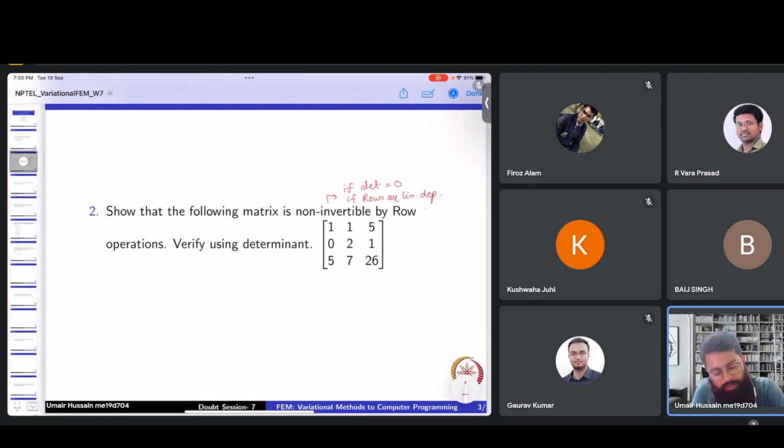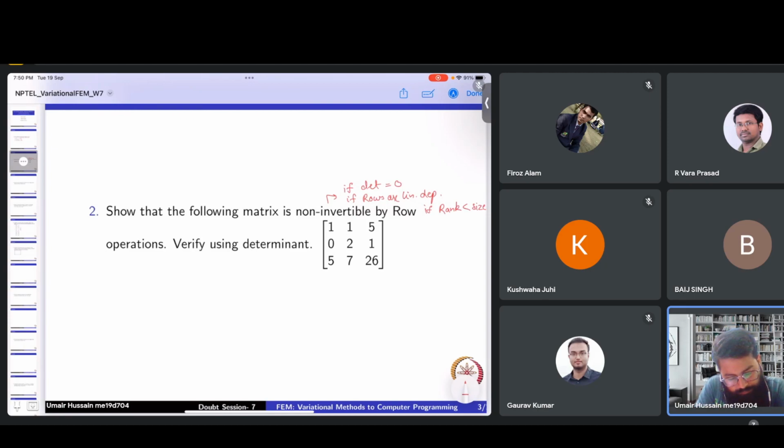or if rank is less than the size of matrix. So according to the second condition, if we show that the rows are linearly dependent, so if we can just show that any row can be formed by a linear combination of the other two rows, we can say that it is non-invertible, right?